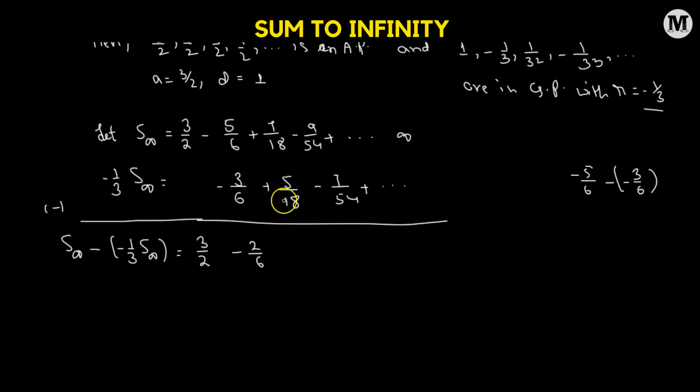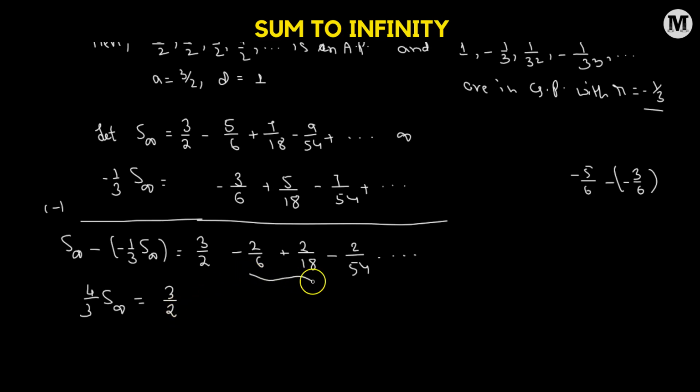Then 7 over 18 minus 5 over 18 gives us positive 2 over 18. Then we have negative 2 over 54. This is going to continue. So on the left hand side, we're going to have 4 over 3 of S infinity, the sum up to infinite terms. This will be equal to 3 over 2 plus the rest.